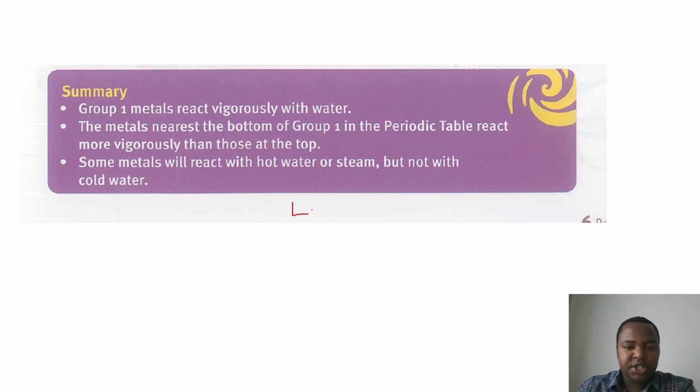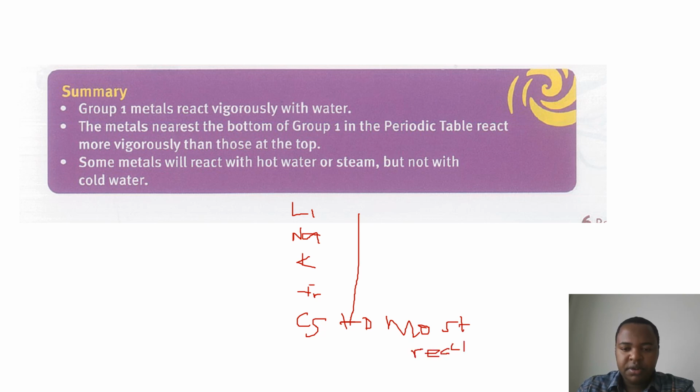Remember the order of group 1 metals: lithium, followed by sodium, followed by potassium, followed by francium, followed by cesium. And reactivity at the bottom here is the most reactive, and this is the least reactive.